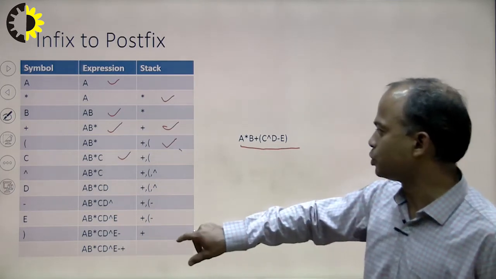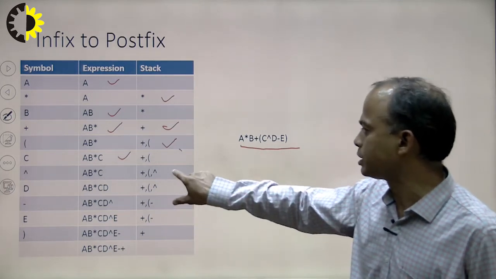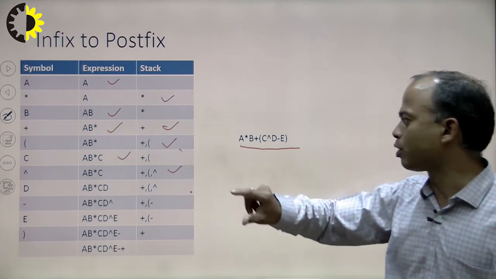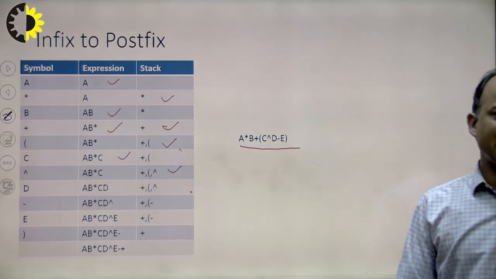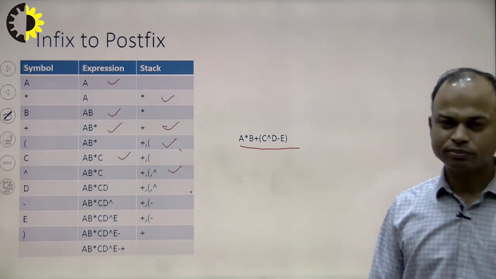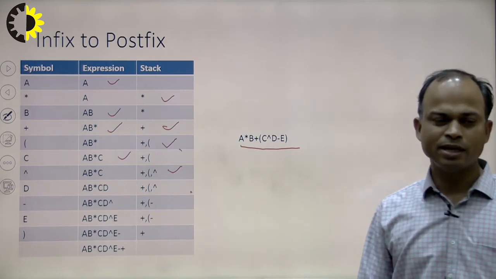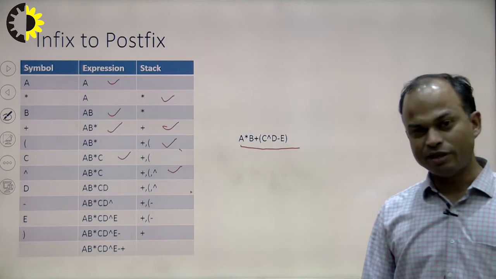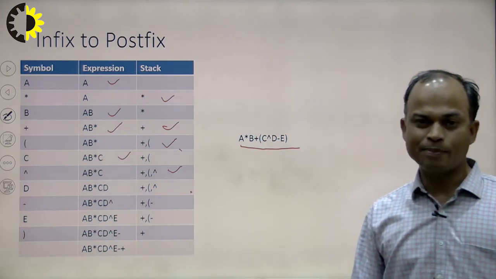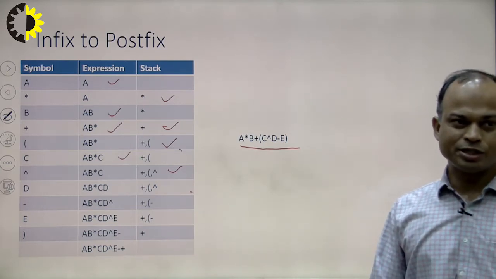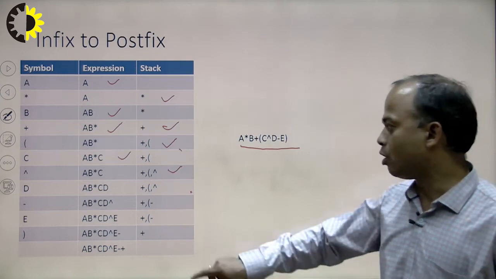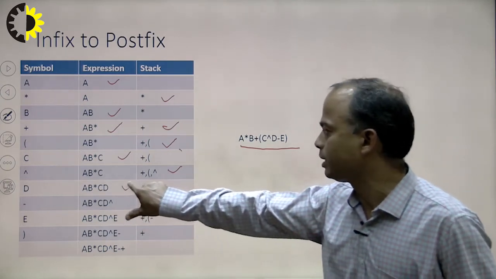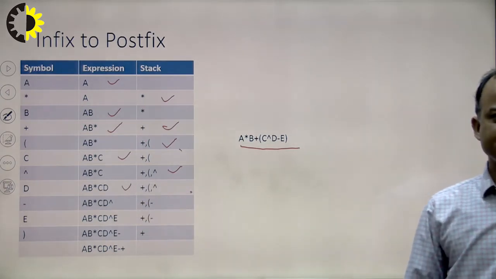After pushing the power operator onto the stack, the next character is D, and this D is an operand, so we have to append this D into the expression. Now our expression becomes AB multiply C D.